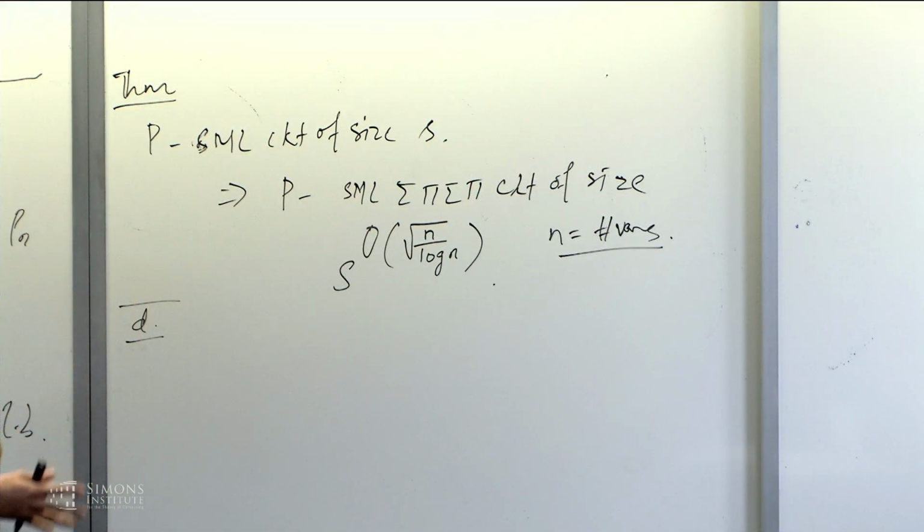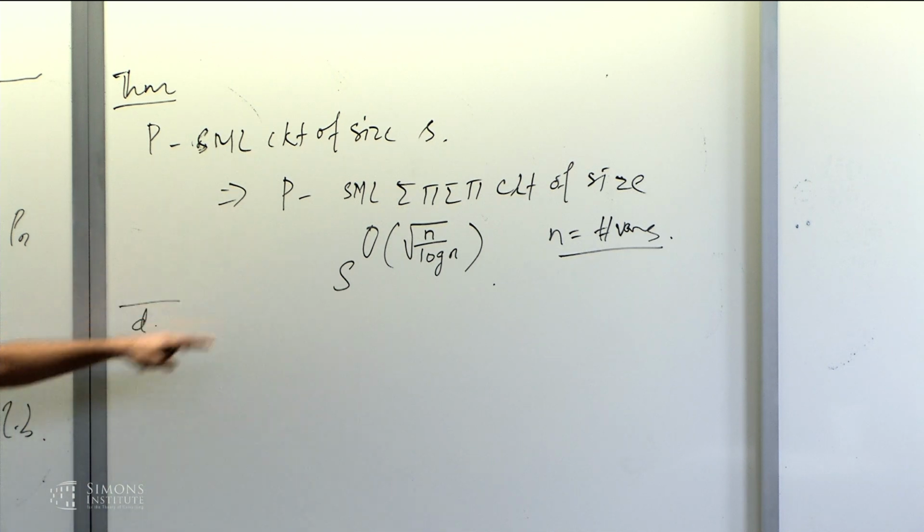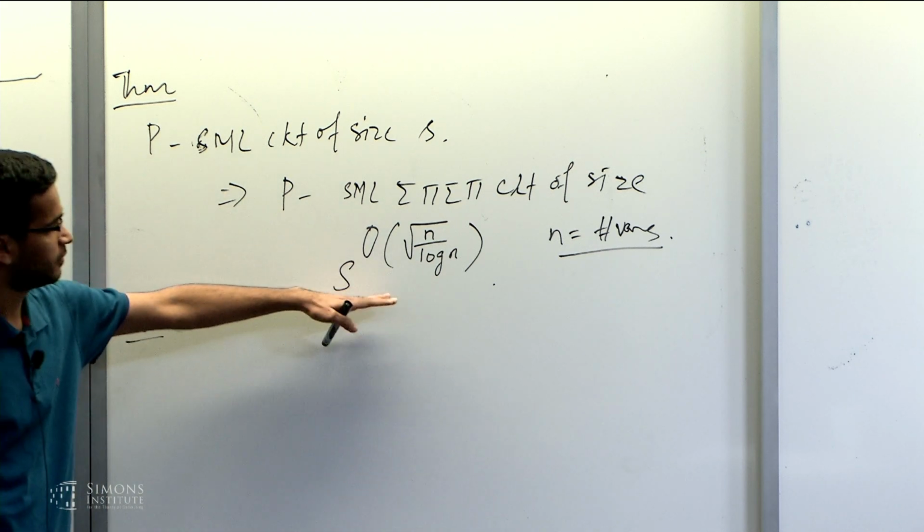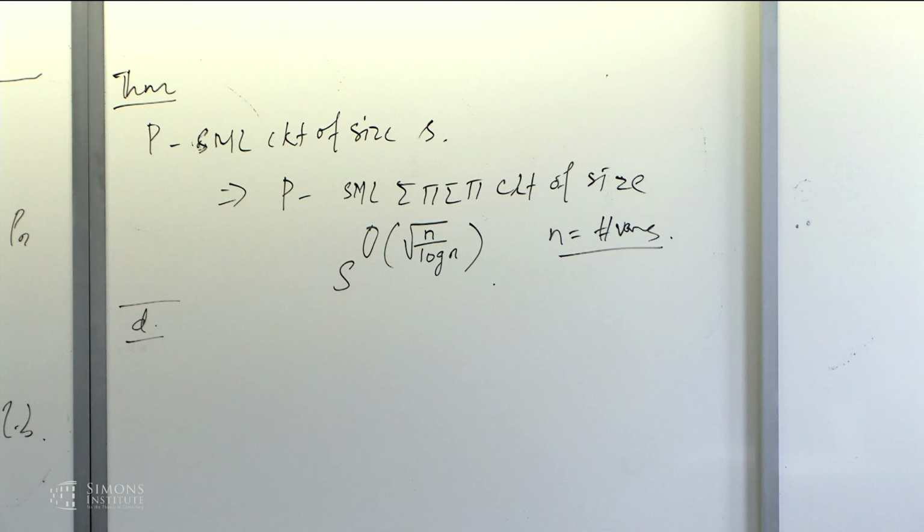But the moment degree becomes large, then this is a better bound. So your bound holds even for exponential degrees or only polynomial degrees? It's a multilinear polynomial, so degree can be at most n.